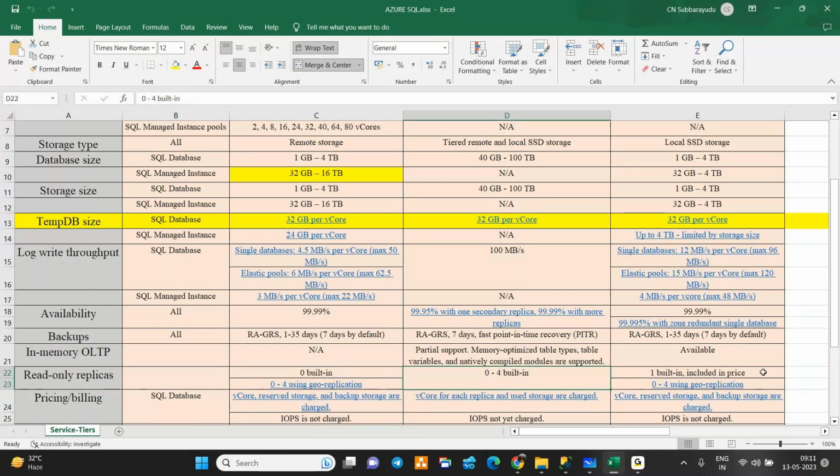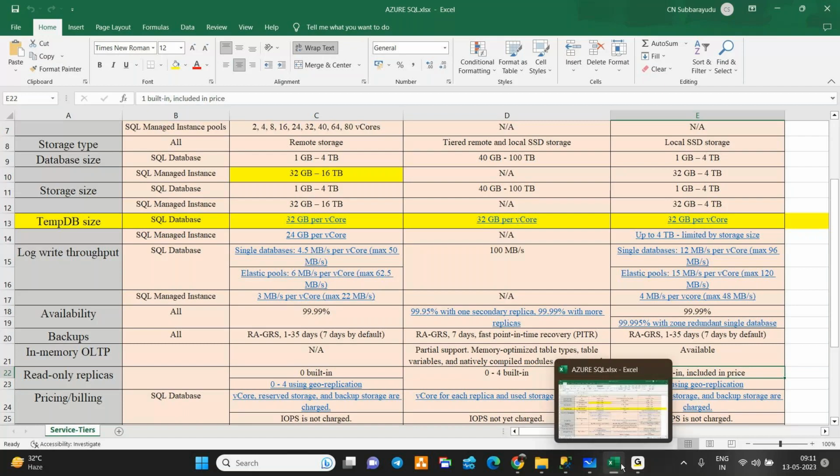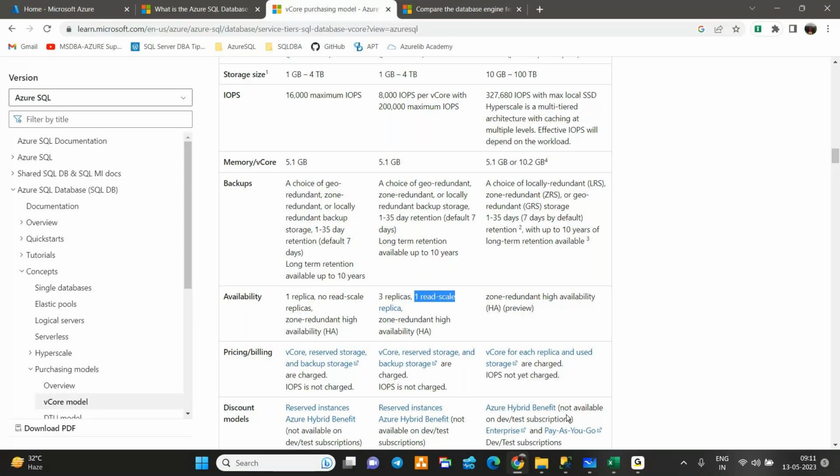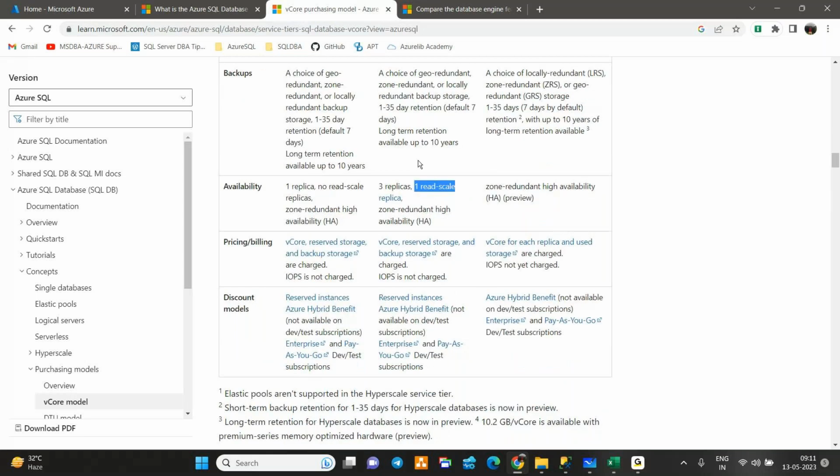Hyperscale you will get the 4 replicas. Business critical you will get the 4 replicas. But general purpose you will get only one replica. Geo redundancy, high availability is previous, sir. Microsoft is still working to bring the replica concept even for general purpose.